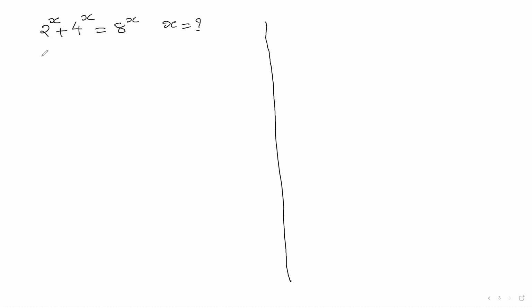So first, 2 power x I'll write down as it is, and 4 I can write down as 2 power 2 and that power x, and 8 I can write down as 2 power 3 and then power x. Now the index law, if it is a power m and that power n, I can always switch the power, so I can write that as a power n, everything power m, because both of them are a power mn.